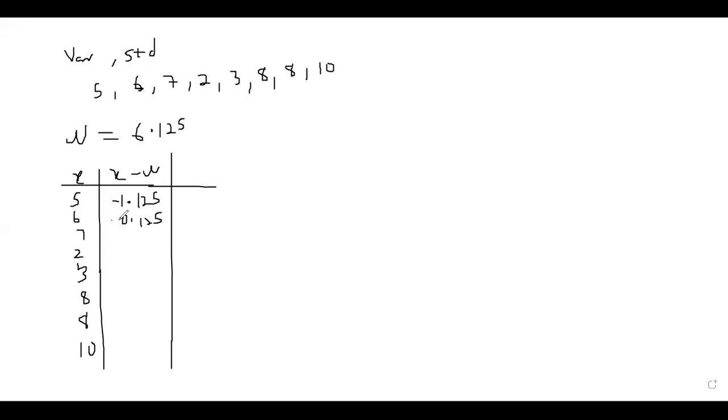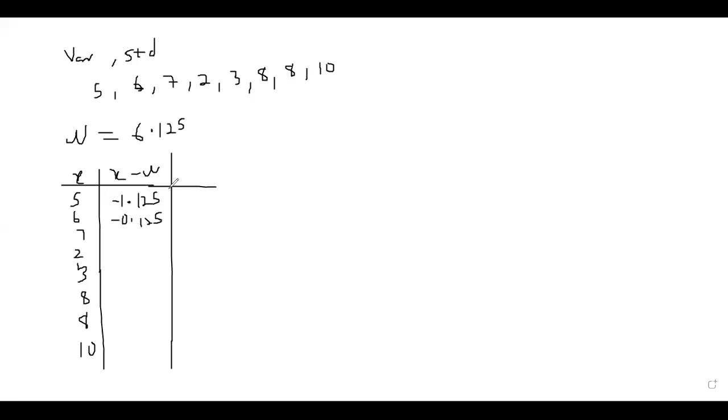Sir, please, before you proceed, I think for the X values, I didn't repeat the 8. I used the same number of events to calculate for the mu, but then I didn't repeat it when I was calculating X minus mu.